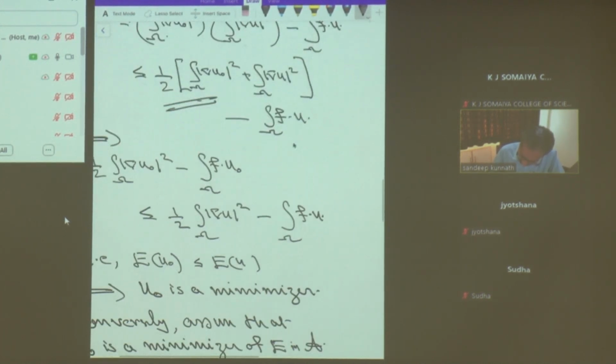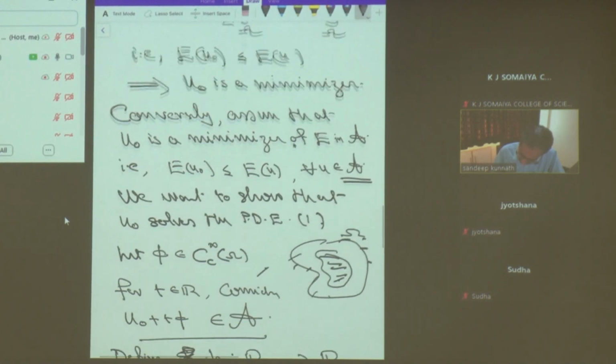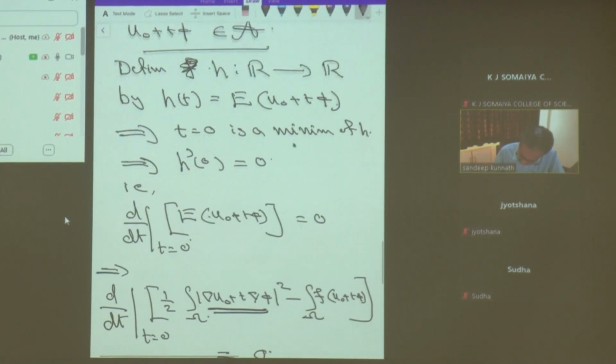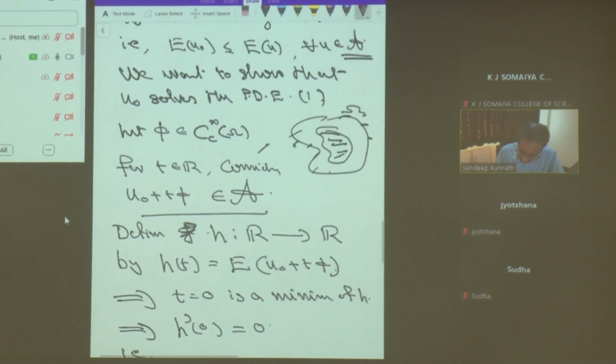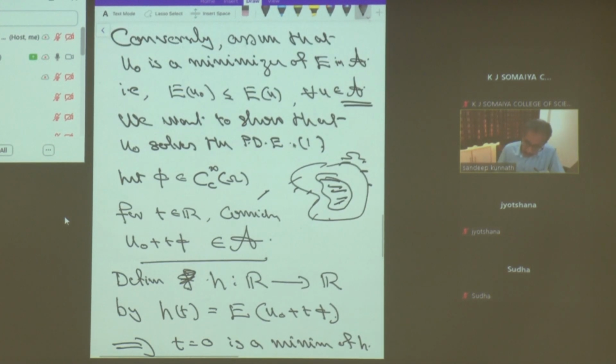Now, I just want to have a closer look at the problem, especially the second part. I assume that u naught is a minimizer, and from there I concluded that u naught solves the partial differential equation. So how did I do that?